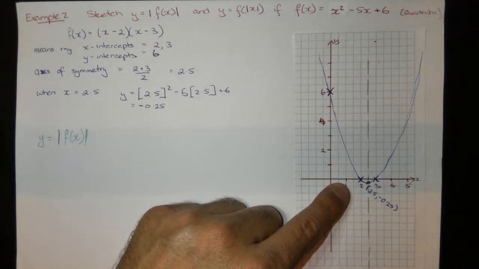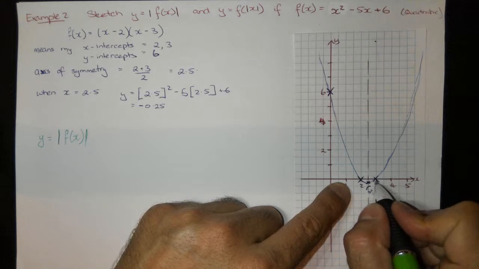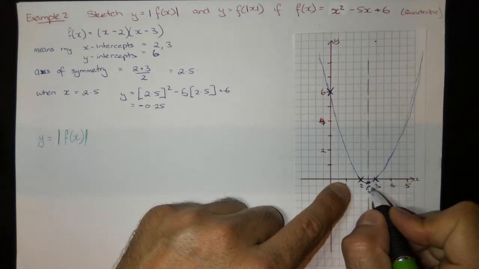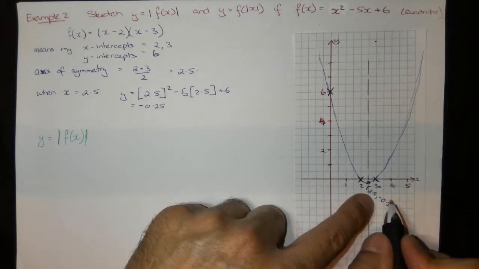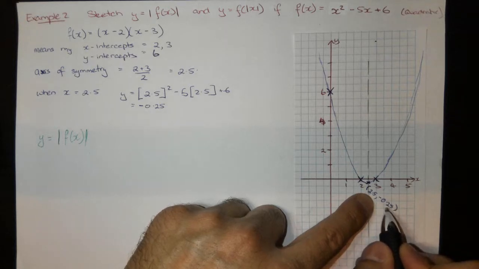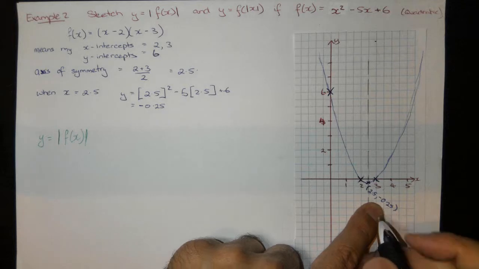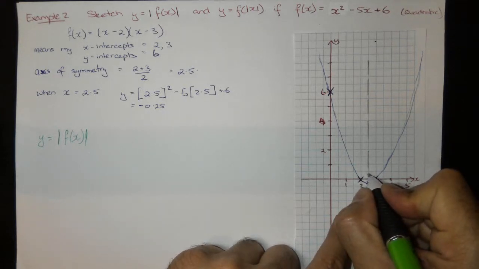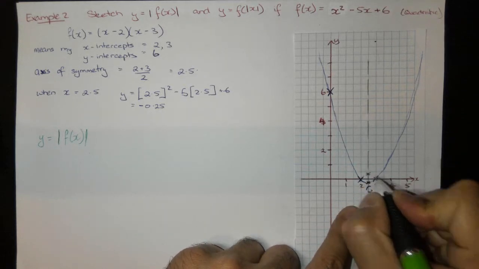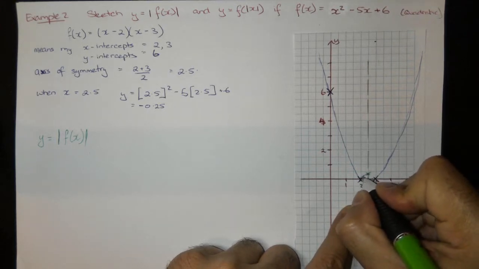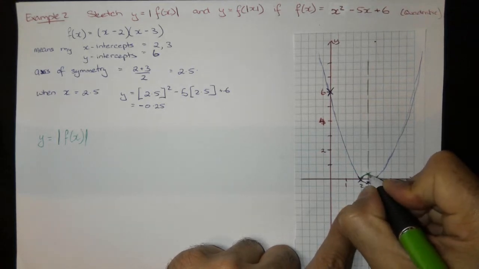And so when I look at this, I will basically take the absolute of this part. So I'll stay at 2.5, but now rather than negative 0.25, I'm going to be positive 0.25. And I'm just going to basically connect it.